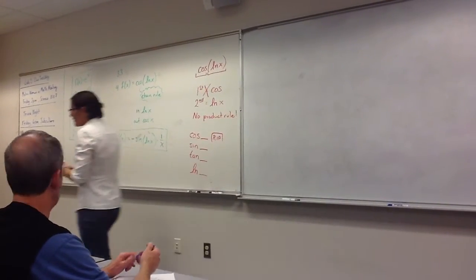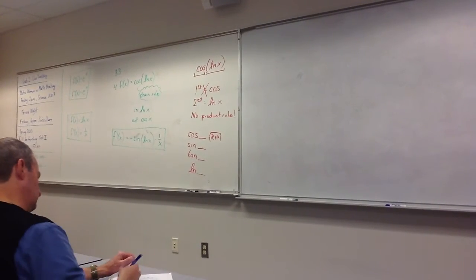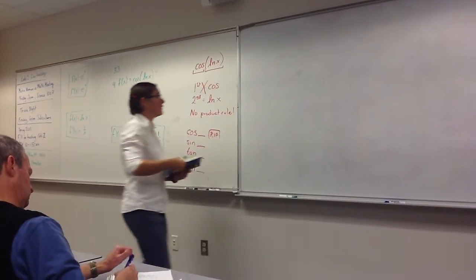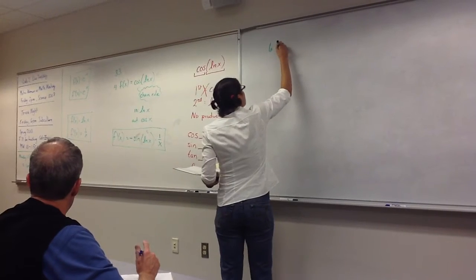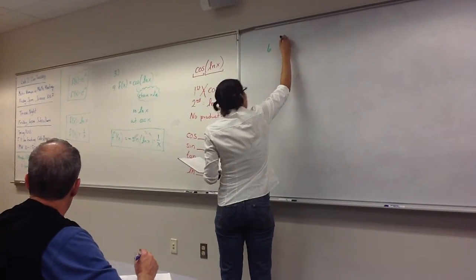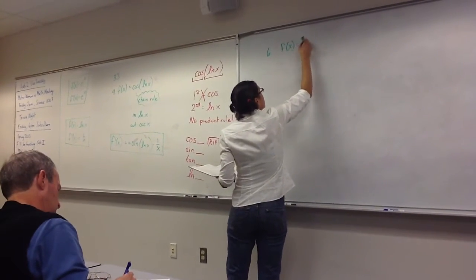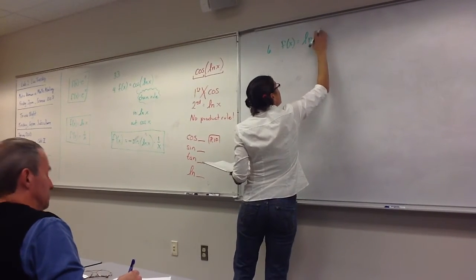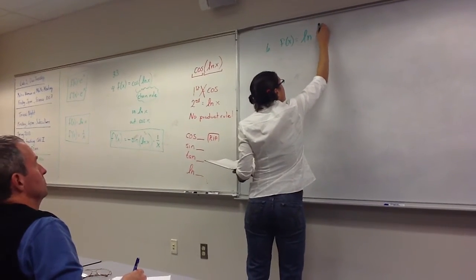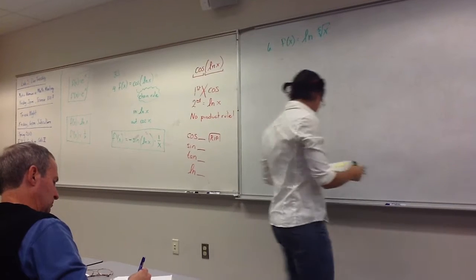All right, so let's compare this to number 6, which is slightly different. In number 6, we have f of x is equal to the natural log of the fifth root of x.